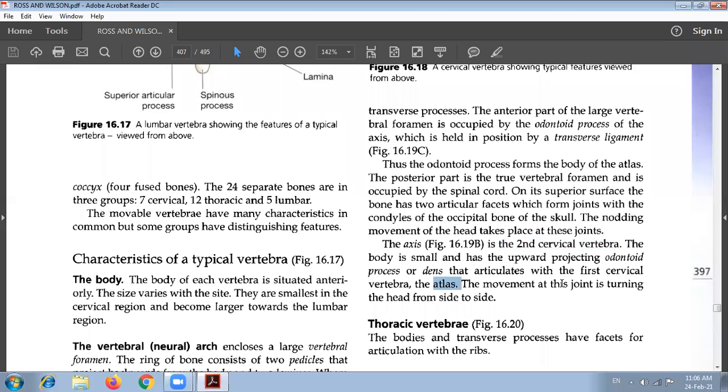The movement at this joint is turning the head from side to side. So this is a very important characteristic of our cervical vertebrae. It allows the movement of the neck. Otherwise, if it is fixed together permanently, movement of the neck will not be possible.